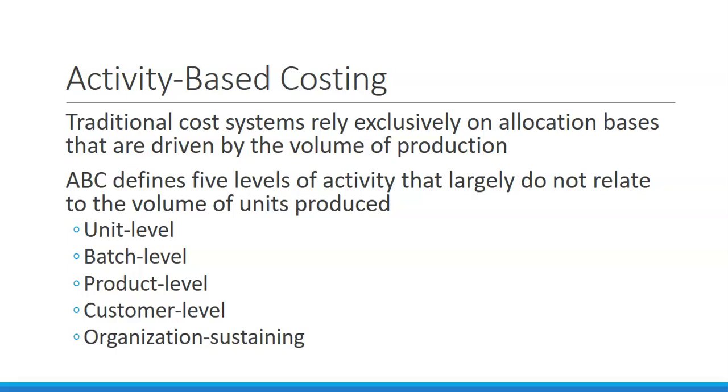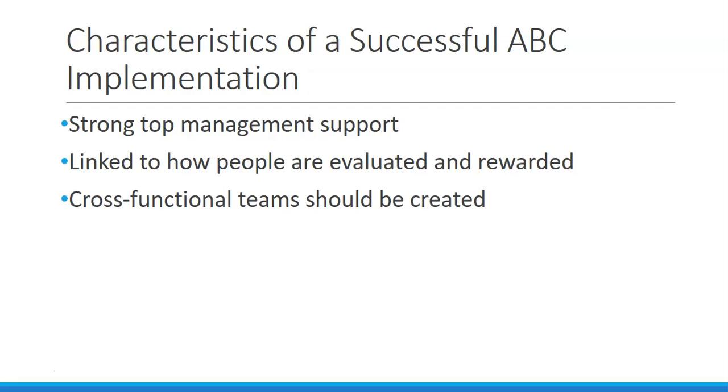Or a batch can also be how many we produce in each design, and then we have to set up the machine to do a different design. That's an example of a batch. We have product level activities, which happen just at the product level, and then a customer level activity.